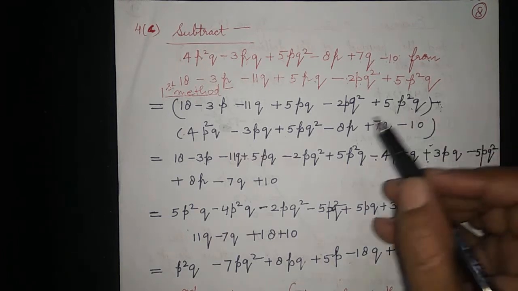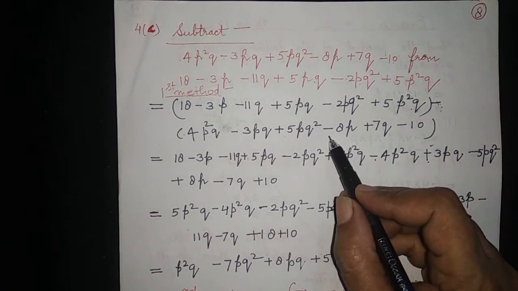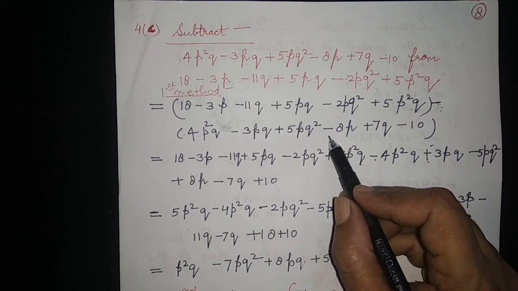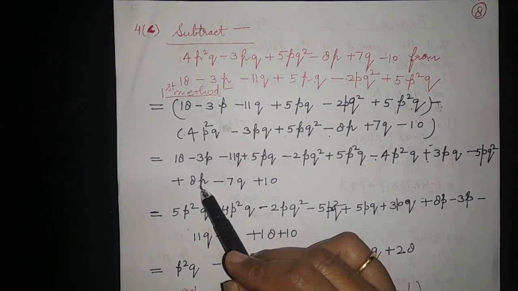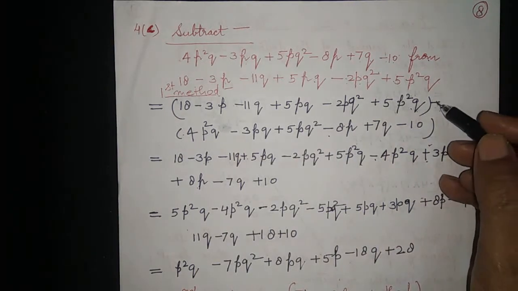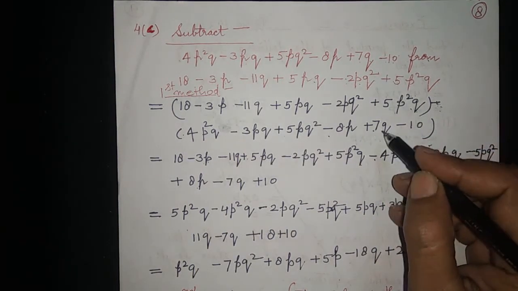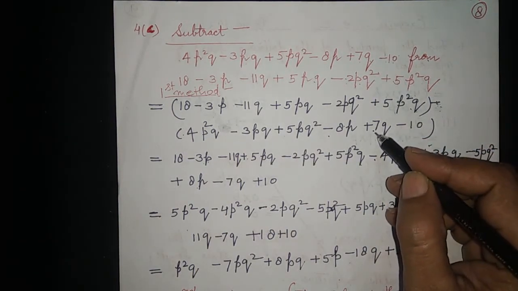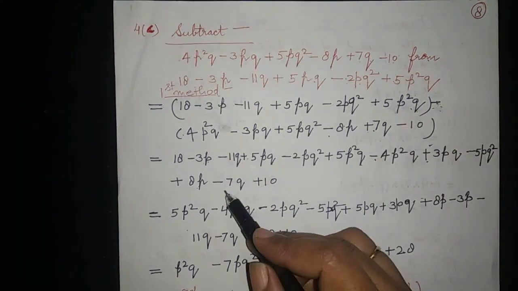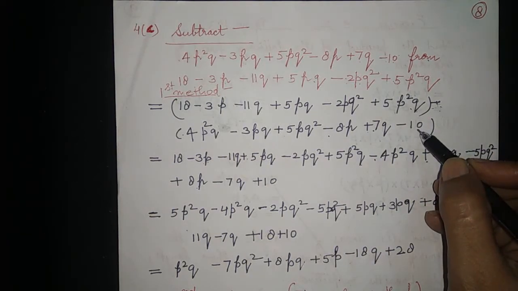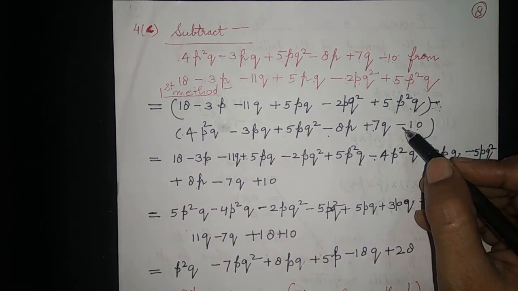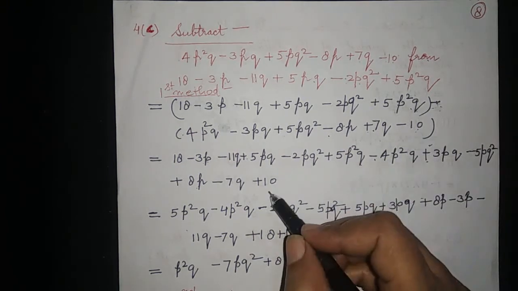Then this minus and this minus, if we multiply, then plus will come and 8p we will write. Now minus and this plus, which is before 7q, we multiply, we get minus 7q. And this minus and the minus before 10, if we multiply, we get plus, and then we write 10.